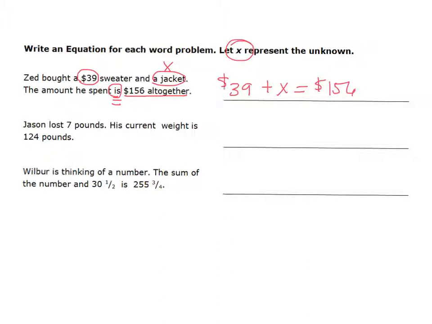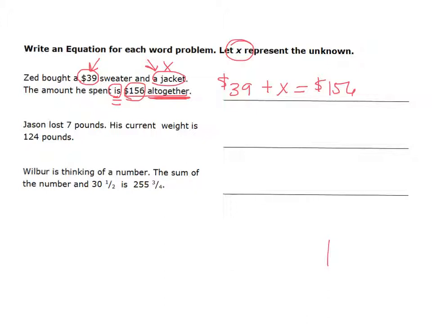So I can add the dollar sign there. If you look at it, all together is one of those keywords that tells us it is addition. And we know that if he spent this much on one thing and this much on this thing, that is what he spent all together. So we know we would have to do an inverse operation to find that if we were solving it out. Let's read our next one.